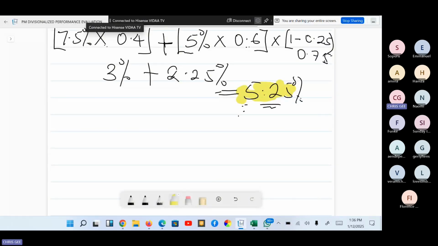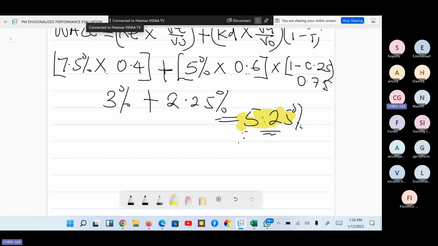Which one? How we got it? This guy multiplied by this guy multiplied by this guy. 60%. If equity is 40, debt automatically is 60.